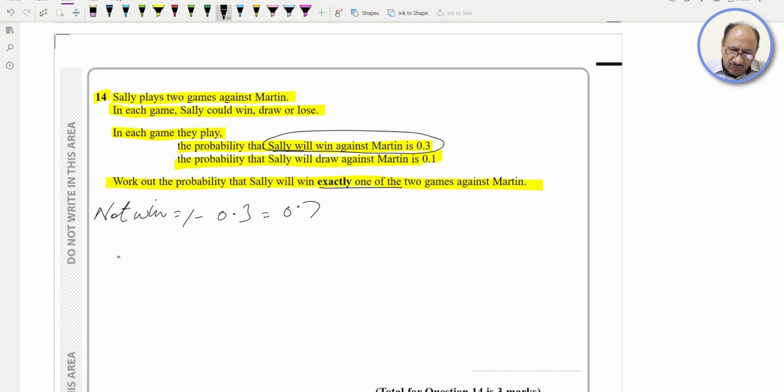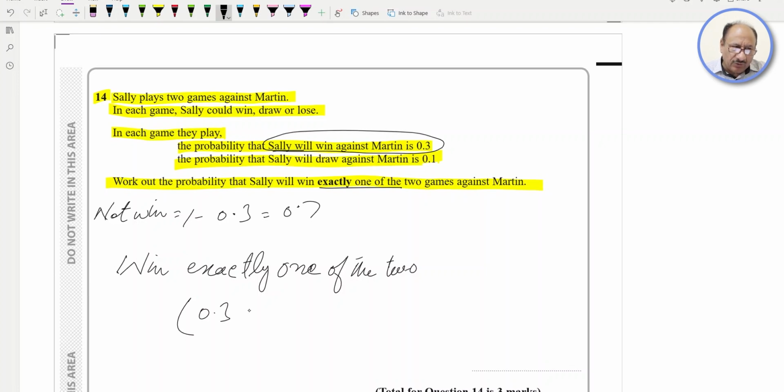Exactly one of the two games against Martin win. Exactly one out of two means that compulsorily one is won and the second one is lost.